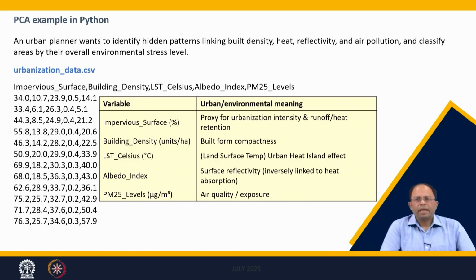Now coming to the example in Python. In the first problem, an urban planner is willing to identify the hidden patterns linking built density, heat, reflectivity and air pollution, and classify areas by the overall environmental stress level. So in this case we have a data set with the impervious surface percentage, building density of those areas in units per hectare, the land surface temperature in Celsius, the albedo index and the PM 2.5 levels.